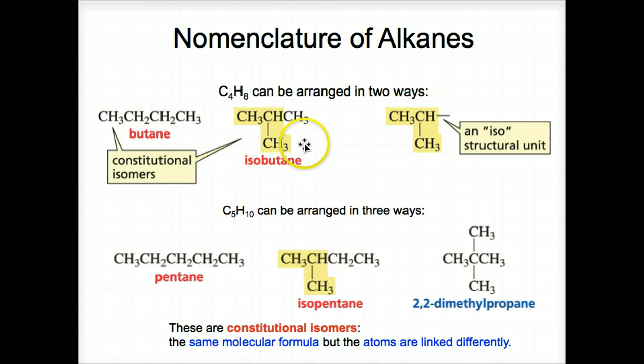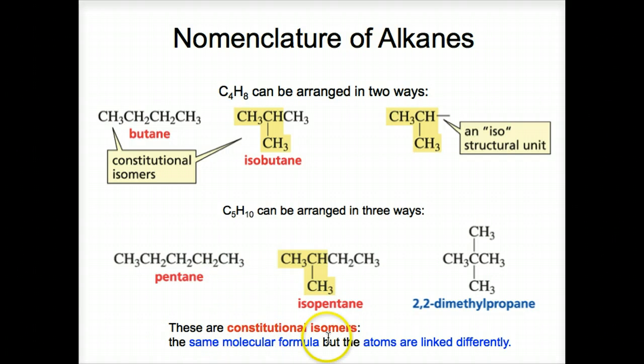C4H10 and C5H12. These, of course, are butane. Notice the iso structure, the isostructural unit, where it branches at the very end of the chain, so to speak, and it's known as iso. Here it is again, isopentane. Each of these have the same number of carbons and hydrogens, but they're different molecules. They're called constitutional isomers.